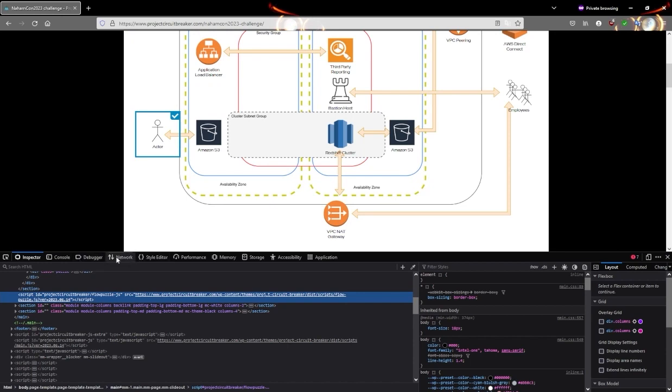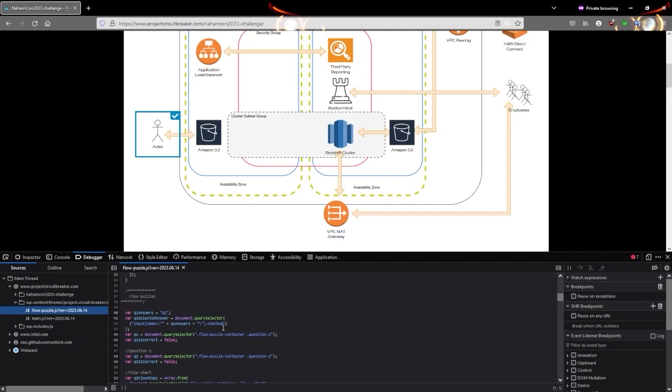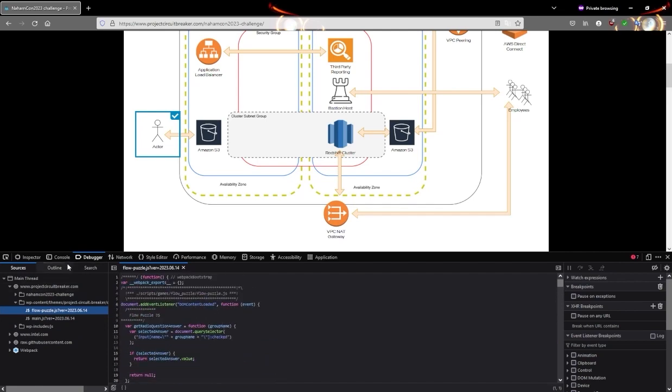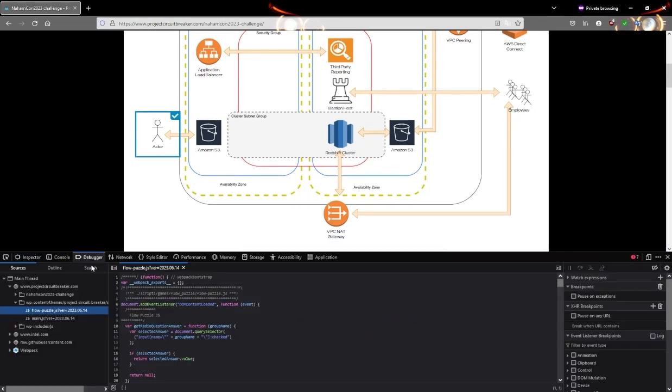So what we can do instead is go to the debugger here. Here we have the script, the same script being loaded in the debugger as well. It is colorized, so we can easily see what is happening behind this one.